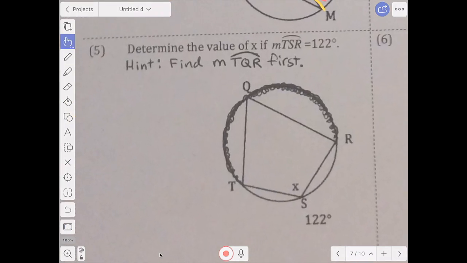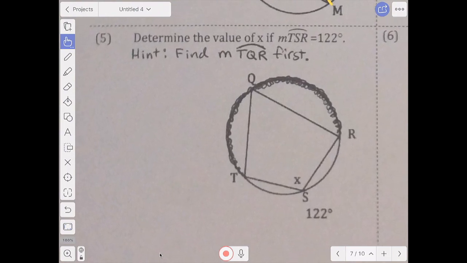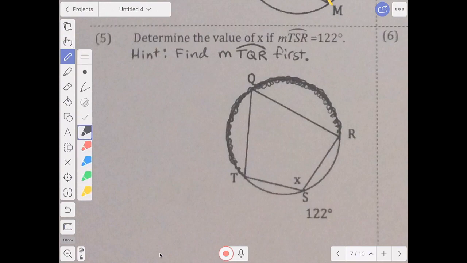All right, looking at question 5. Let me drop some more vocabulary on you right now, too. One thing that I did not mention yet is the word chord. A chord is a segment that connects one part of the circle to another part of the circle. A chord could be the diameter of a circle, but a chord goes from on the circle right back on the circle.